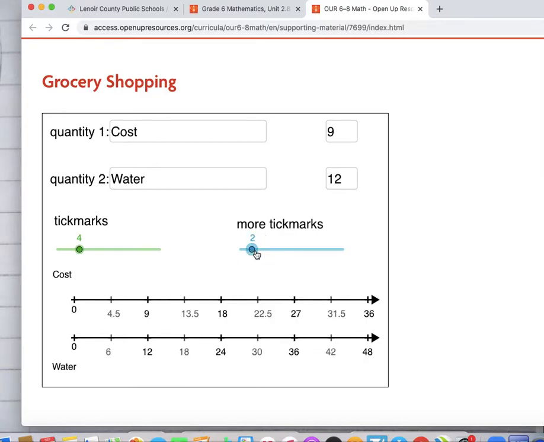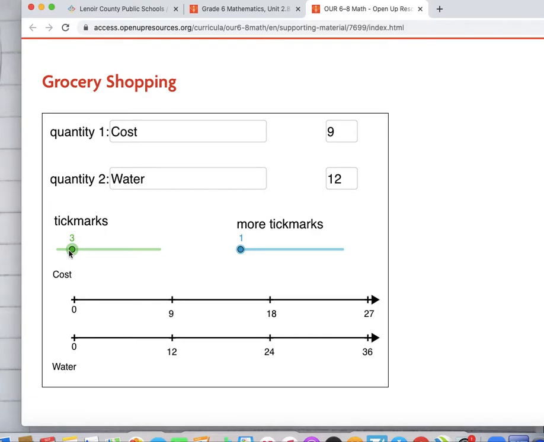So let's take it all the way back to 1. Oops, what happened? 9 to 12. What is 9 divided by 12? Well, it's 0.75.